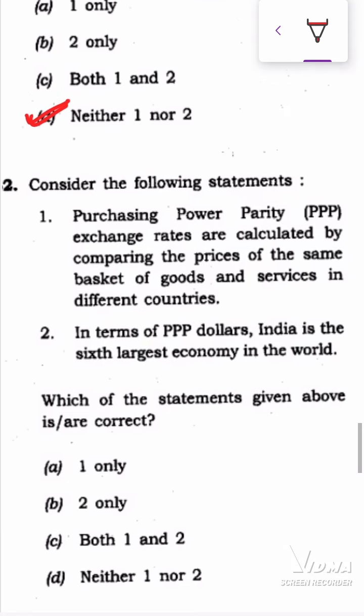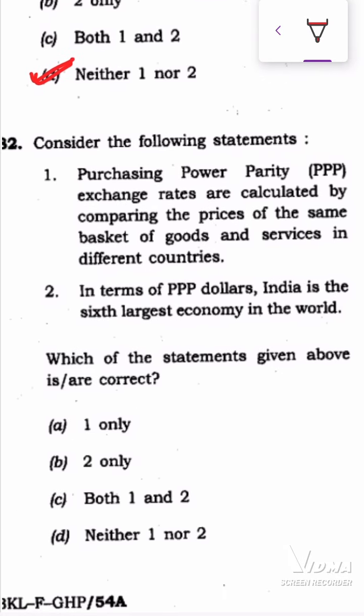Question number 82. Purchasing power parity exchange rates are calculated by comparing the prices of the same basket of goods and services in different countries. This is absolutely right. We can understand it by one example. Suppose we have to purchase 1 kilogram of apple in USA and 1 kilogram of apple in India. Suppose 1 kilogram of apple in USA costs $2 and 1 kilogram of apple in India costs 100 rupees.